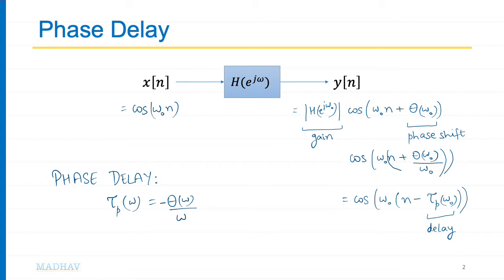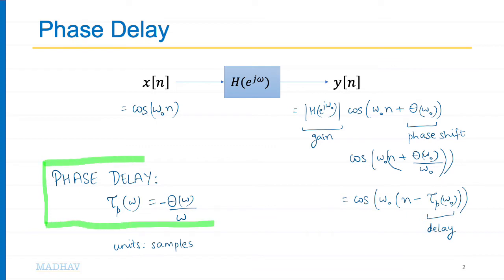But theta omega by omega with a negative sign is how many samples my signal is delayed by. So my signal is shifted or delayed by that many samples. That's the only thing. So this is the concept of phase delay. It's the number of samples my signal is shifted by because of an LTI system.